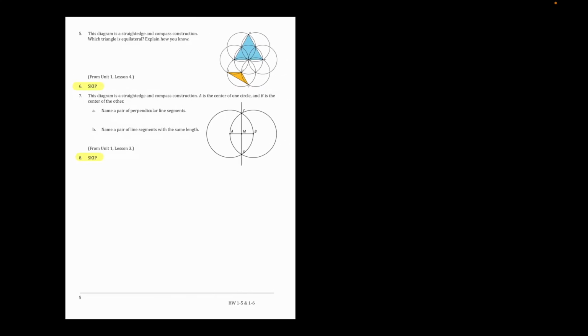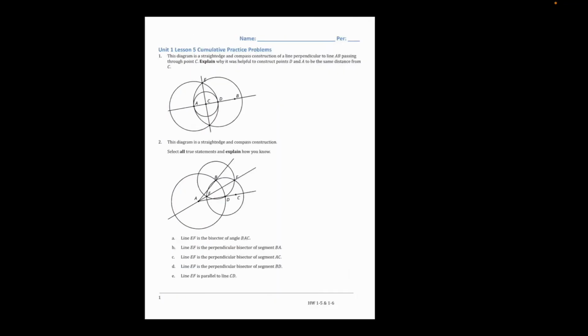We're also skipping question 6 and question 8 because we're not learning all of those pieces in my class. So it is important that you keep going on to the next page. This is one assignment altogether with just pieces from both.